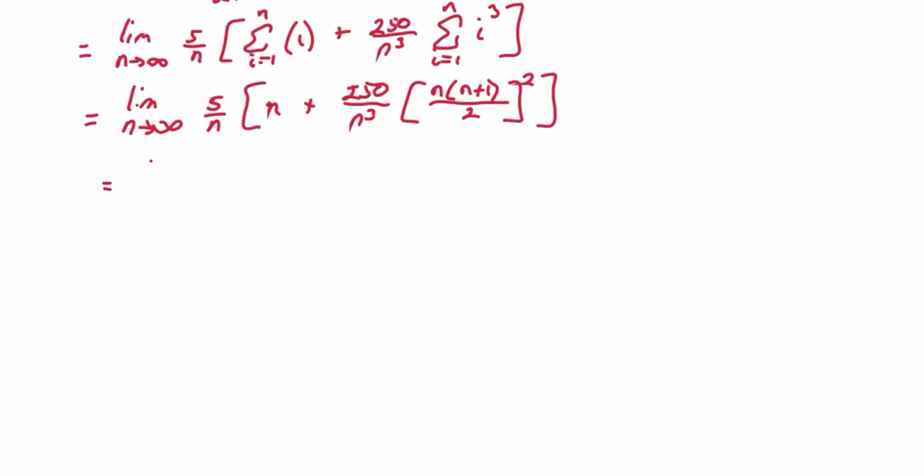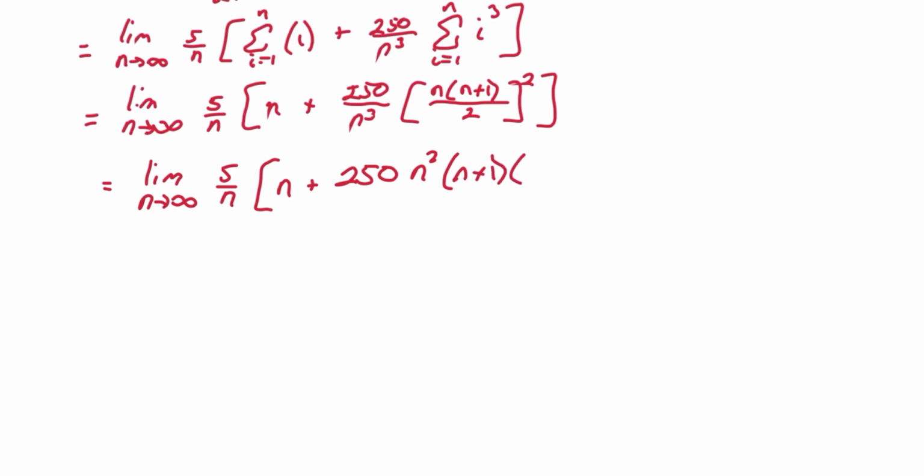From here, we'll simplify that last piece. Limit as n approaches infinity, 5 over n plus, we have 250 times n squared times n plus 1 times n plus 1 all over n cubed times 4.